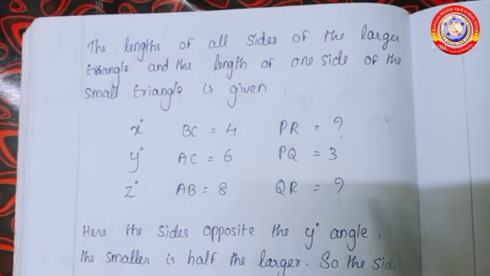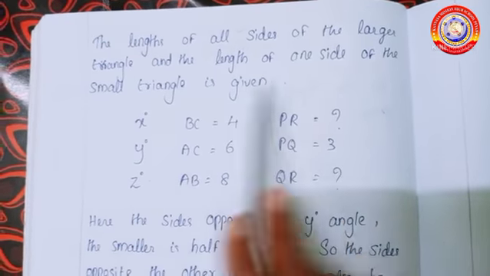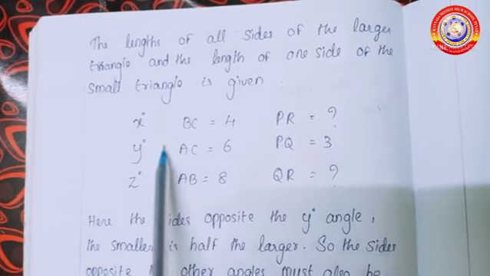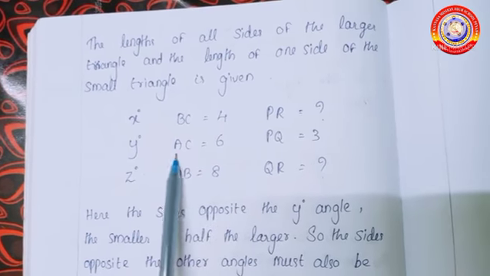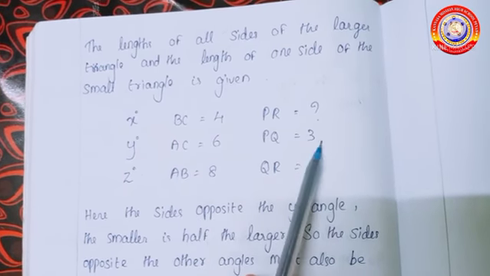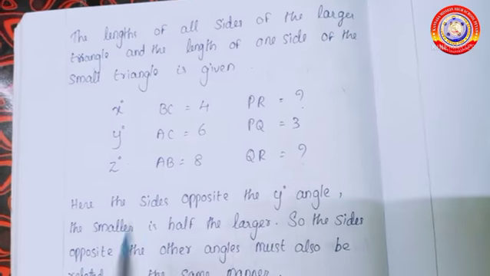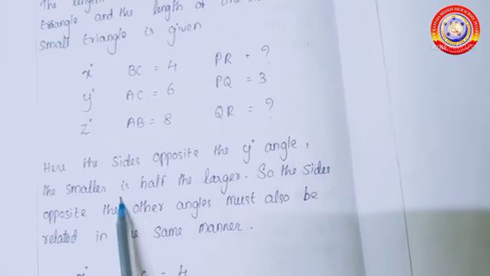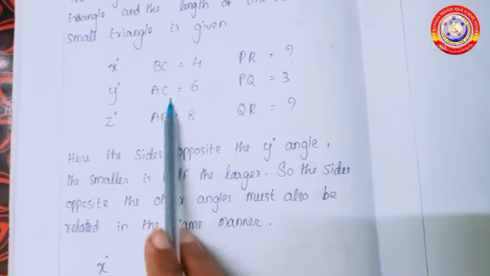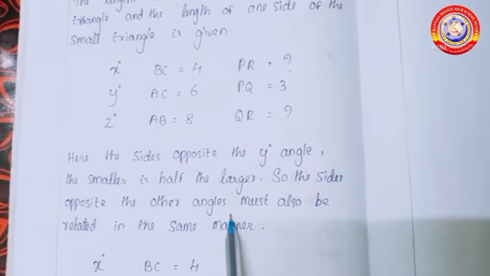Here the lengths of all sides of the larger triangle and the length of one side of the smaller triangle are given. That is, for x degree, BC is equal to 4 and PR is not given. For y degree, AC is equal to 6 and PQ is equal to 3. And for z degree, AB is equal to 8 and QR is not given. Here, for the sides opposite the y degree angle, the smaller is half the larger, that is, 6 cm is AC and PQ is 3 cm.